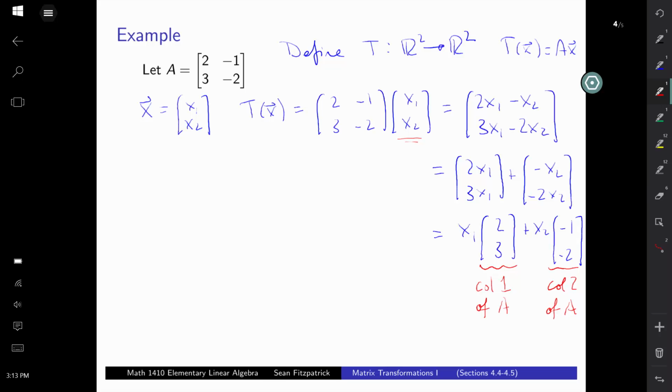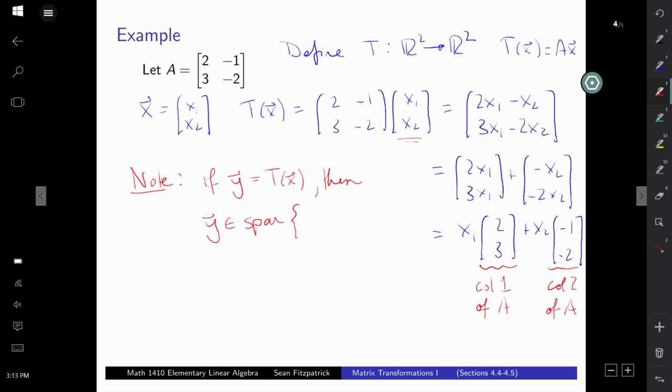So if y is equal to T of x, then y belongs to the span of these two vectors, (2, 3) and (minus 1, minus 2). Every possible output from this function is a linear combination of those two vectors, for some choice of coefficients x1 and x2.